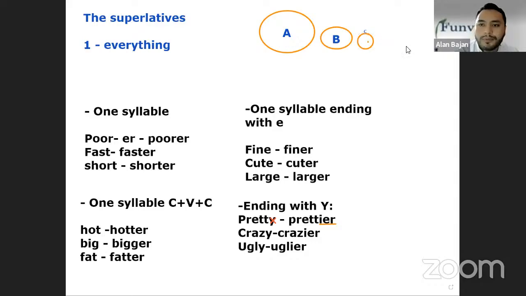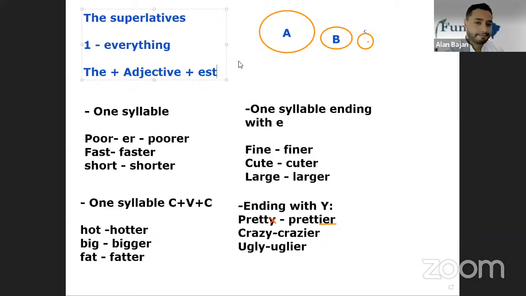Okay, here we go. So for example, I will create the following sentence with the superlatives, adding the article the plus the adjective plus est.